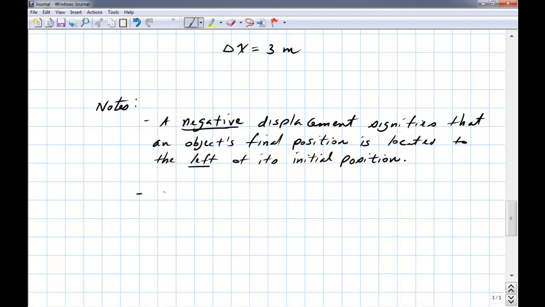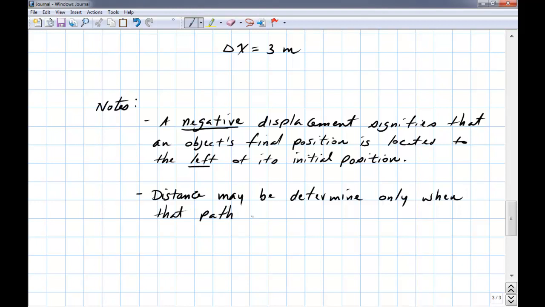And the second observation is distance may be determined only when the path is known.